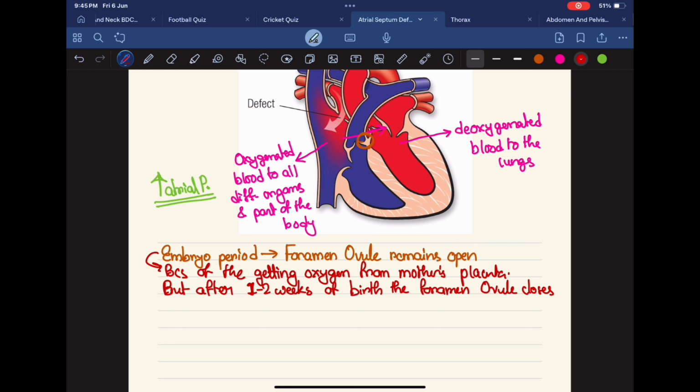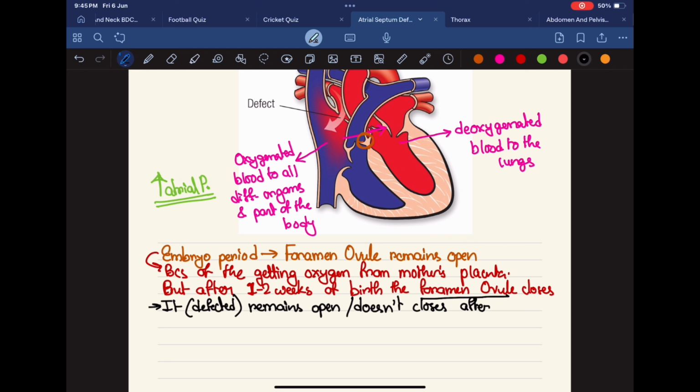But in the defected persons, it means the foramen ovale remains open or doesn't close after birth.